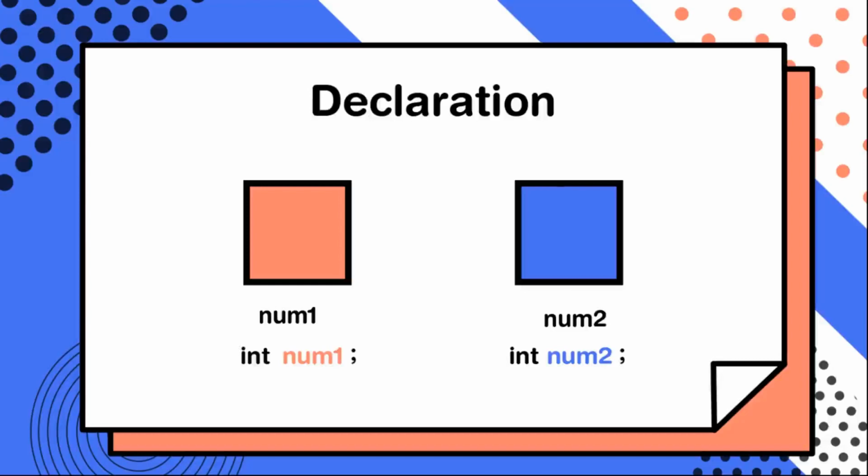We are defining that the first variable is named num1 and it is of integer type, and similarly the second variable is named num2 and it is of integer type. This is the declaration of those variables in C. As of now, we have completed our declaration part and we are now in our assignment part.